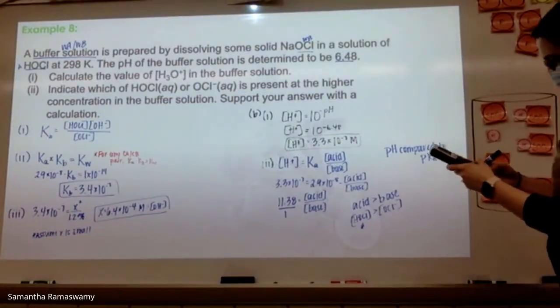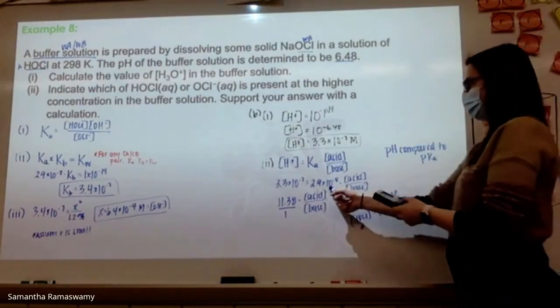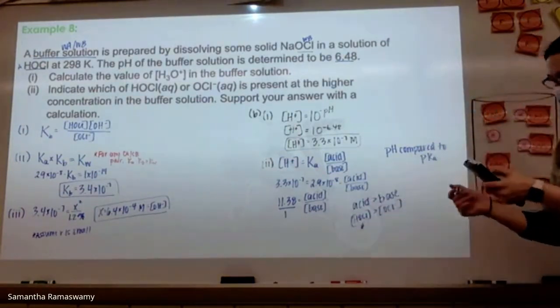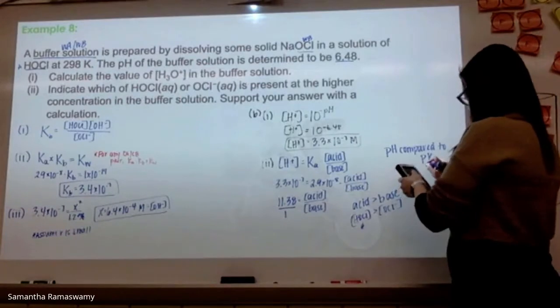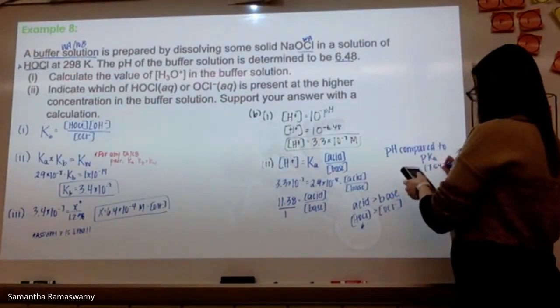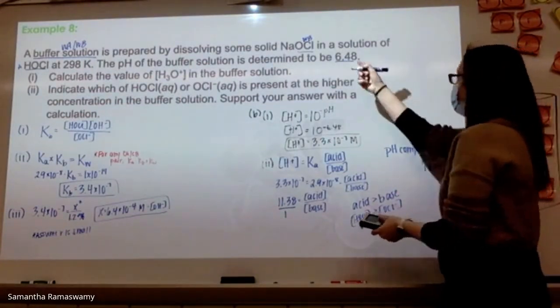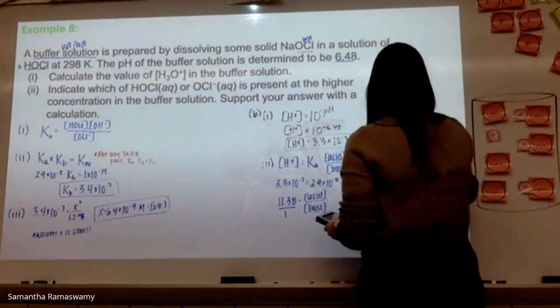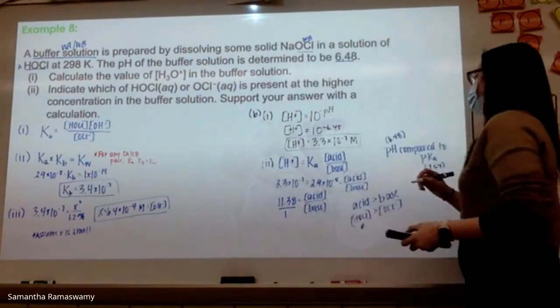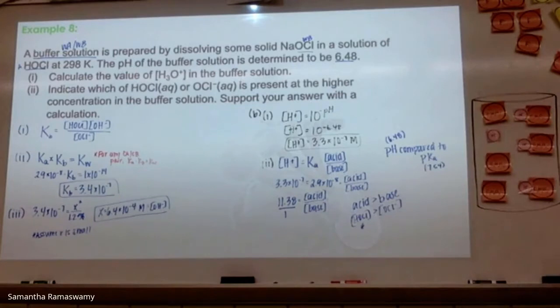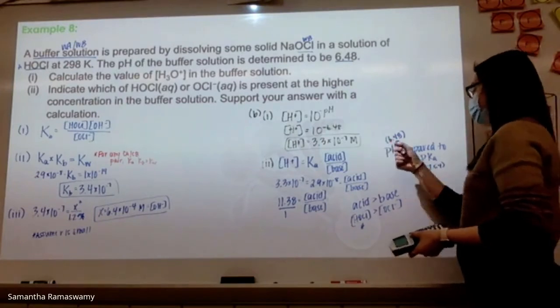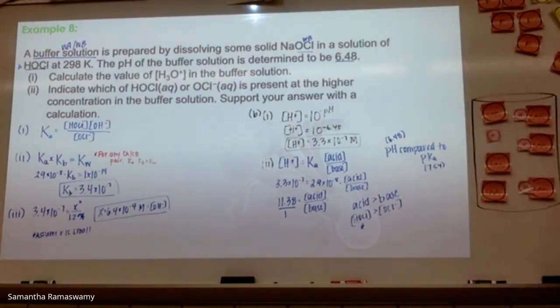The pH is 6.48. Remember, yesterday we talked about if they're equal, we have equal amounts of the buffer. If the pH is less than the pKa, that means you have more acid. It's making the pH go down. So here, because pH is less than pKa, we would have more acid compared to base.